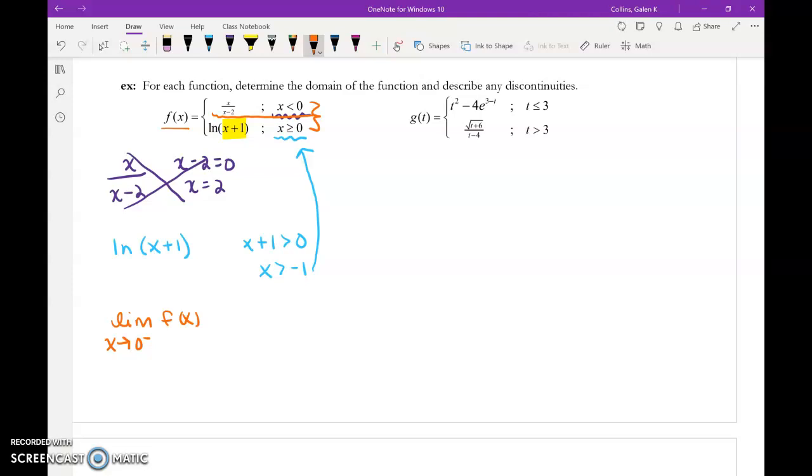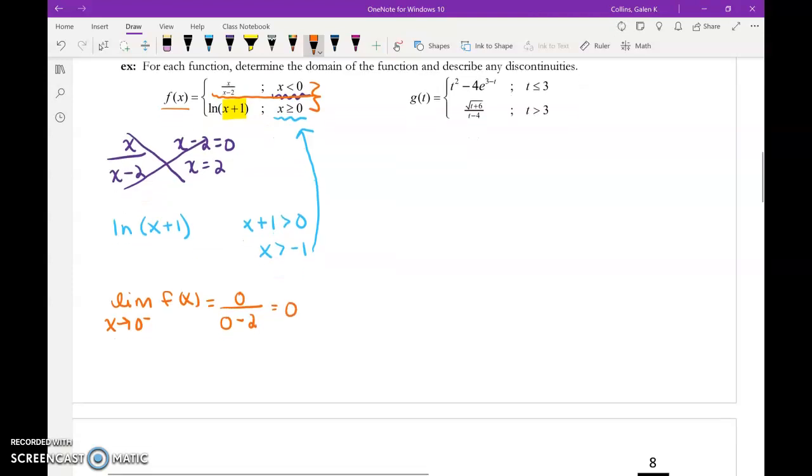As I consider that, I'm going to just start with plugging 0 in. So I get 0 over 0 minus 2, which is 0. So on the left-hand side, as we approach 0 from the left, f has a limit of 0.